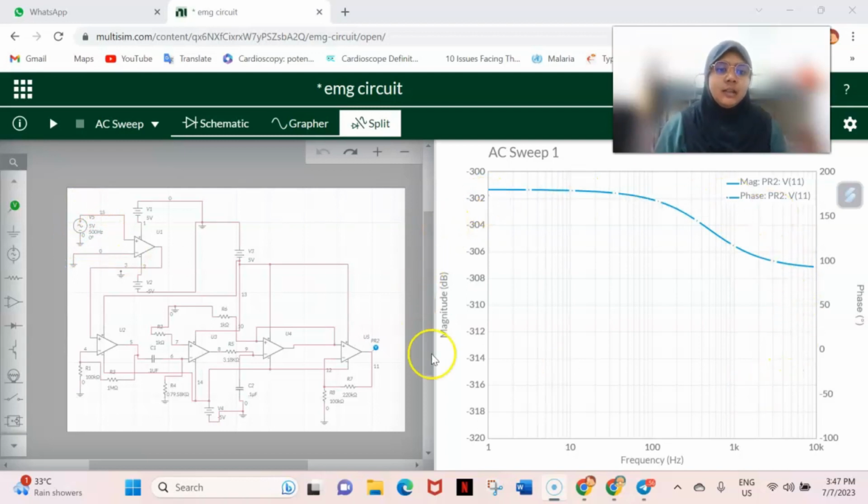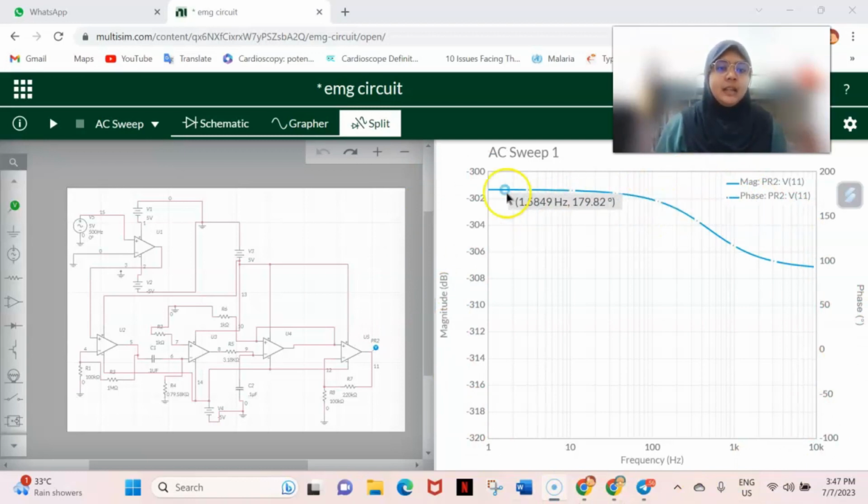And as you can see, this is the graph of the EMG circuit, which is converted from all the process.